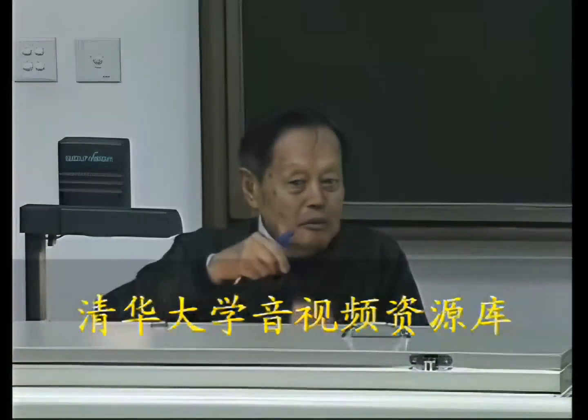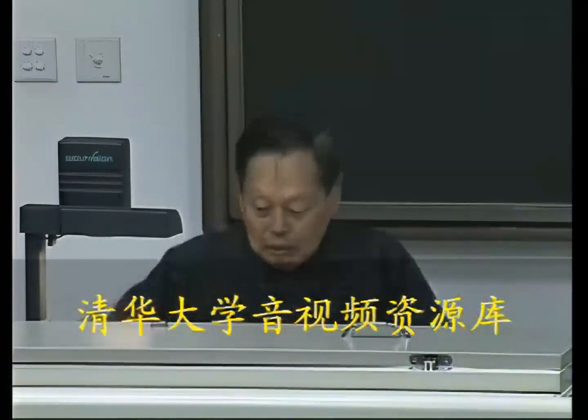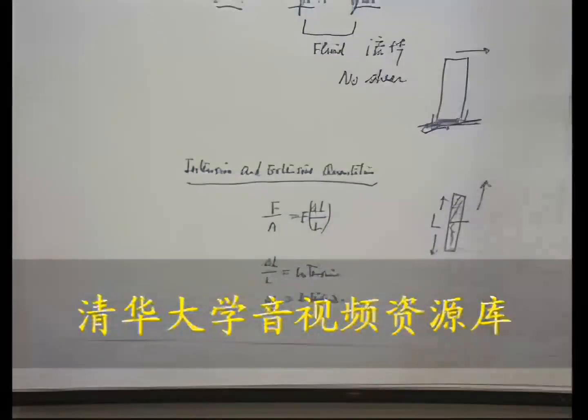So delta L over L is the same whether you talk about this or you talk about 1/2 of it, or you talk about 1/4 of it. That's the meaning of intensive.